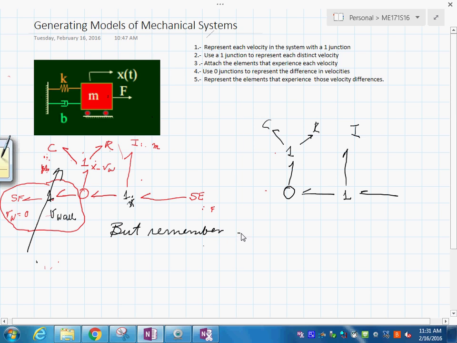Because now you see, if you have this as E1 and F1 to an F2, by the definition of 1, F1 is equal to F sub 2.